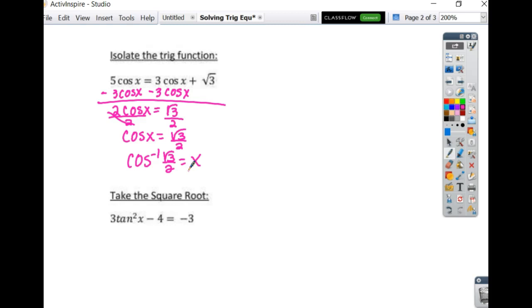All right. So if the cosine is at pi over 6, and that's the square root of 3 over 2, where else is the cosine positive, and it would be equal to the square root of 3 over 2? So x is positive on this side, right?